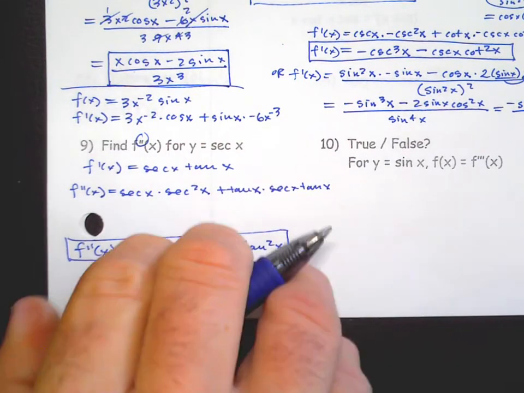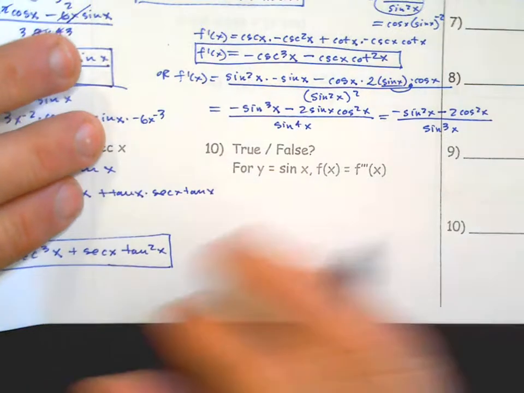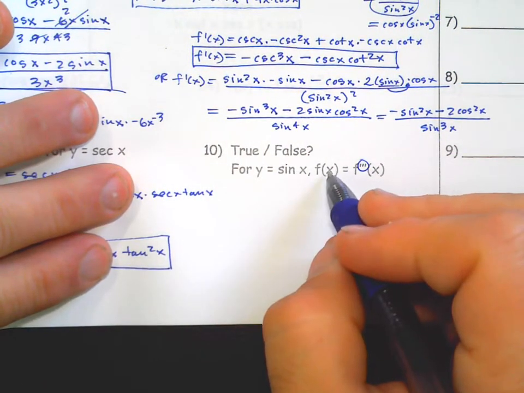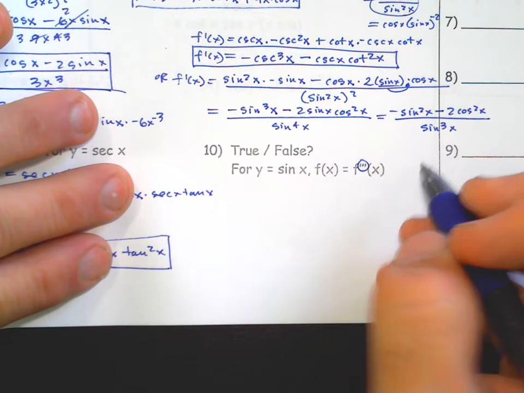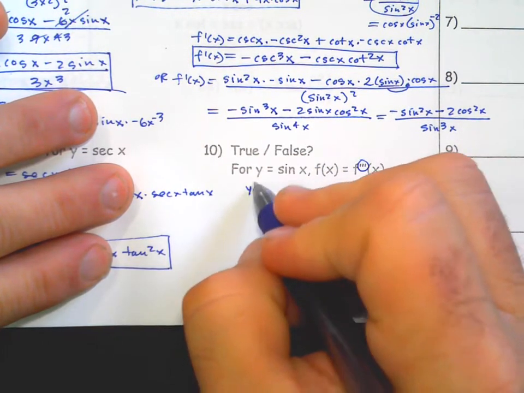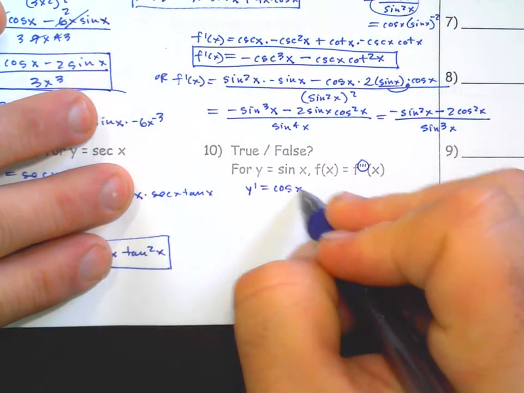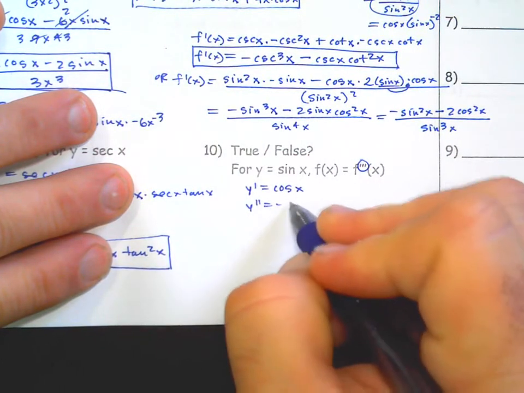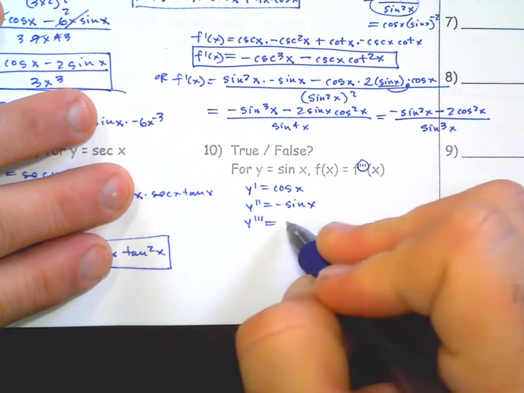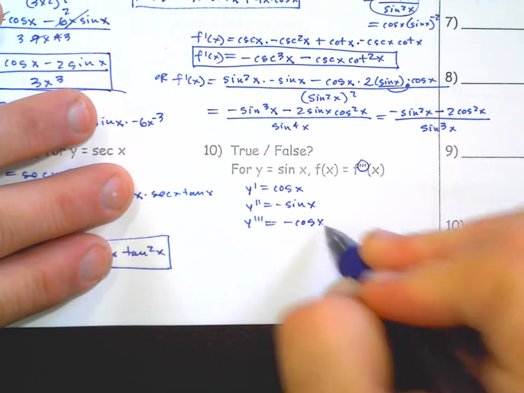Okay. Number 10, a third derivative. True or false? Is the first function equal to the third derivative? Well, let's find it. Y prime equals cosine x. Y double prime equals negative sine x. Y triple prime equals negative cosine x.